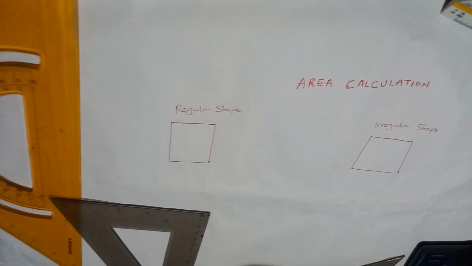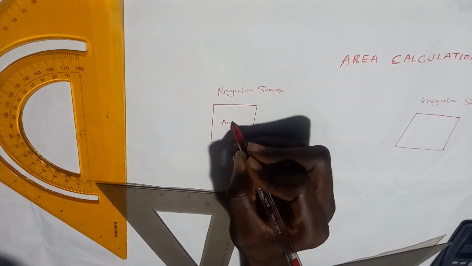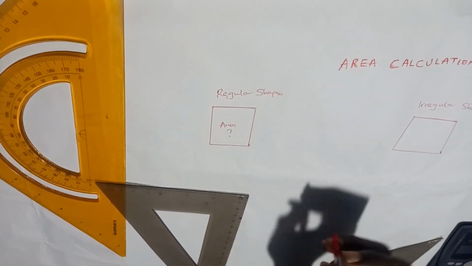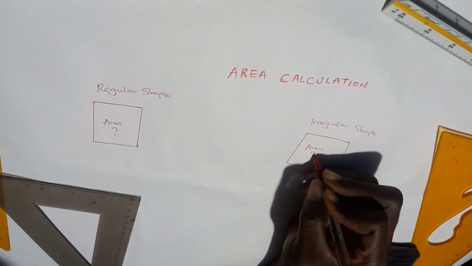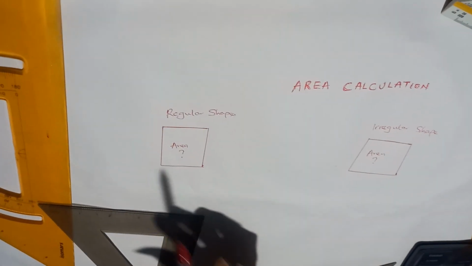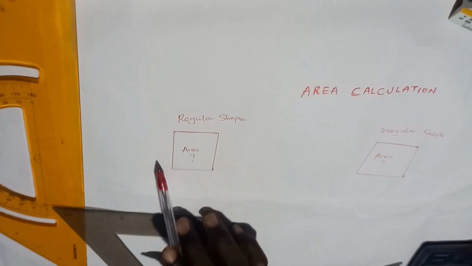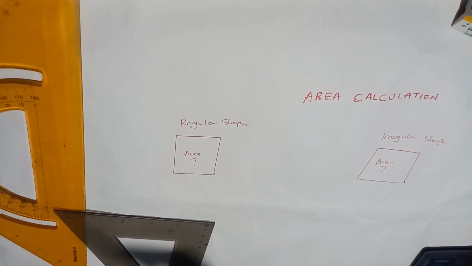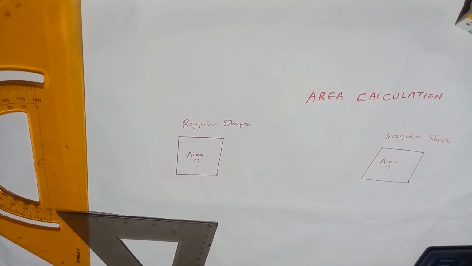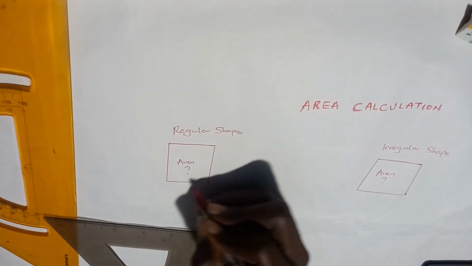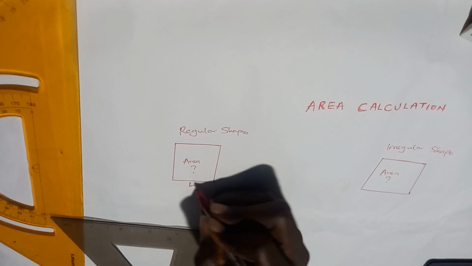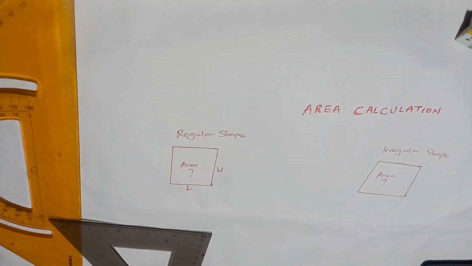So the point of interest is to calculate the area of this shape, and also to obtain the area of this shape. For example, this is the perimeter of a boundary, and we want to determine the area. So this is our length, and this is our width.